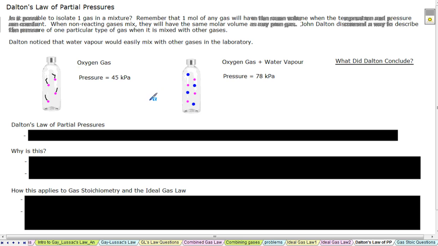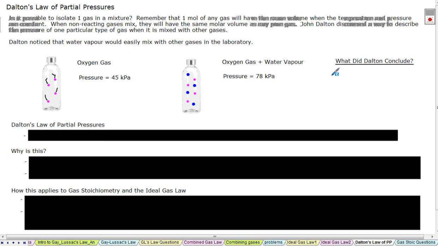Now, let's take the same number of oxygen particles, put them in the same container, but let's add some water vapor to it. Dalton noticed that the pressure went up. It turns out that both gases are adding pressure to the container, and it's a cumulative pressure. So what did Dalton conclude?